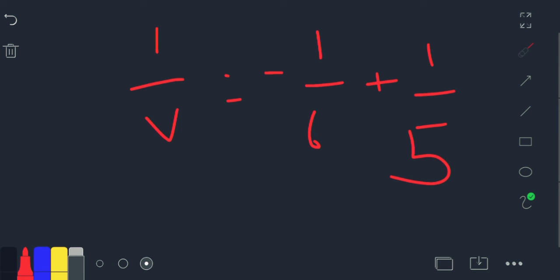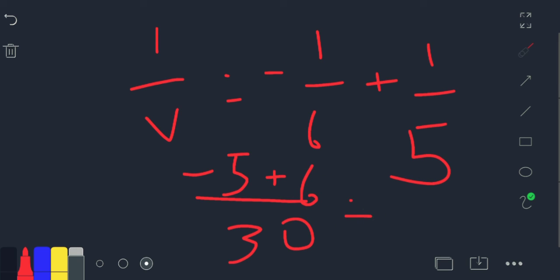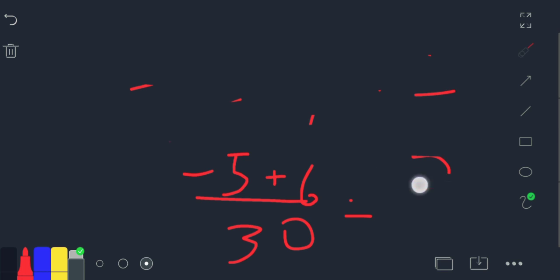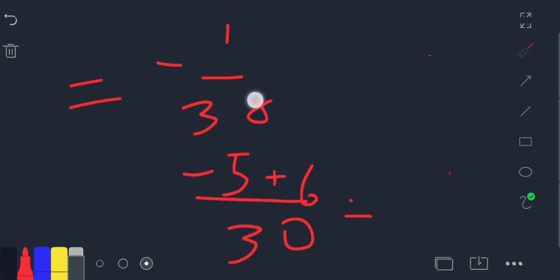The LCM of 6 and 5 is 30, the least common multiple. So minus 5 plus 6 is plus 1, and our answer will be 1 upon 30. So v is equal to 30 centimeter.